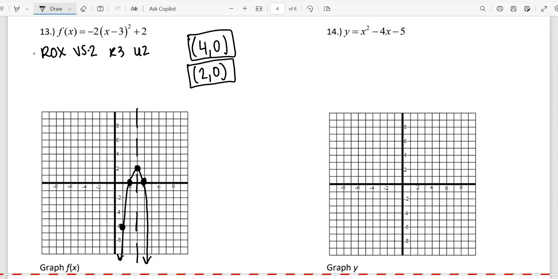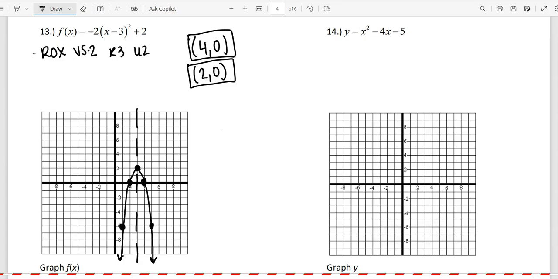It'd be 1, negative 6 and 5, negative 6, so mine's a little off. As long as it doesn't look like a V shape. The only reason I make you do 5 is because some people will put 3 and then they'll do this. Make it extra round. Alright, number 14. Same idea.